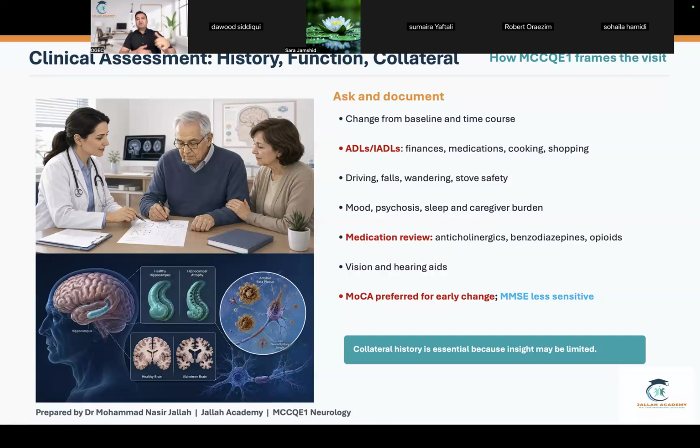And also the 10% could be medication, could be other triggers and risk factors. Now, another question that you might get is which one of these assessments for memory is more sensitive when it comes to dementia, or mild and major neurocognitive disorder.